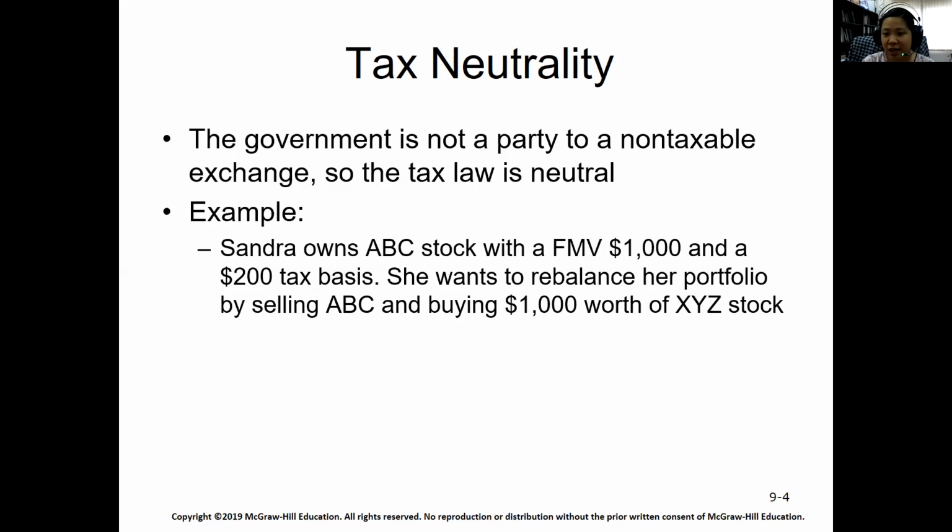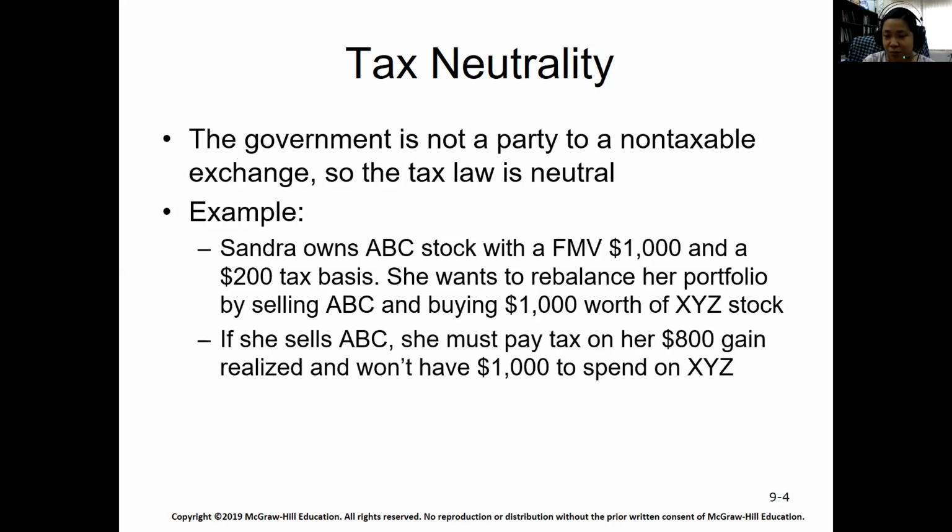It means that she gains $800. Okay. Now, if she has to pay tax on this $800 gain, she will not have enough money to buy XYZ stock.